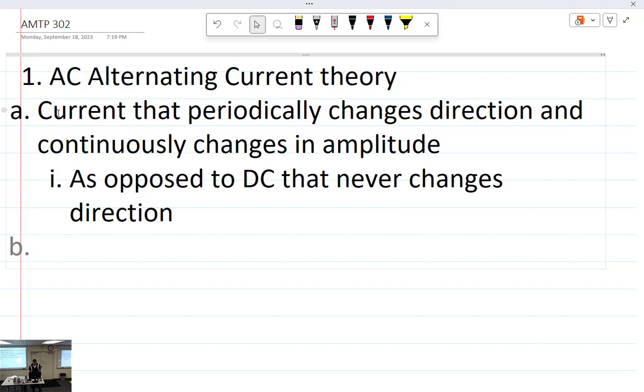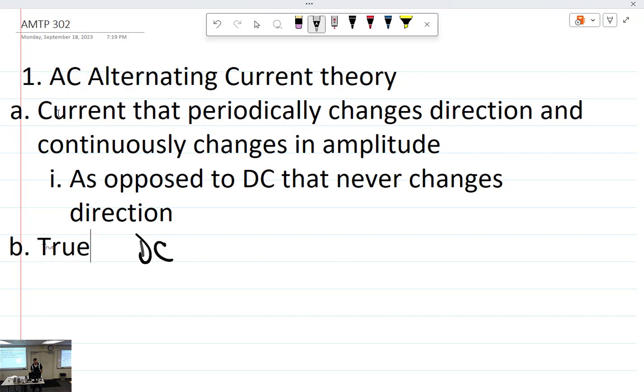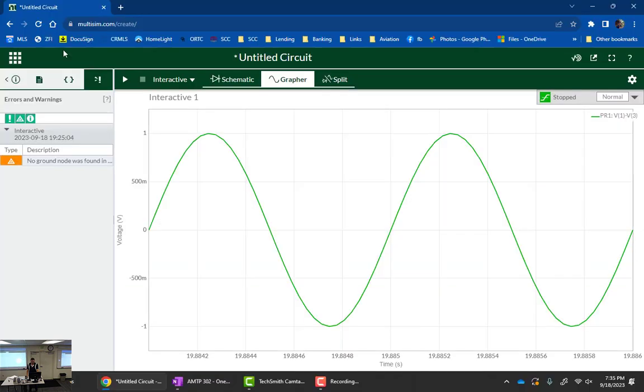B. True DC. True direct current. Actual DC, down to if you took an oscilloscope like I was just looking at with the waveform, and we looked at DC and zoomed way in. When you're looking at an oscilloscope, we have amplitude here, voltage there, and the time over here.